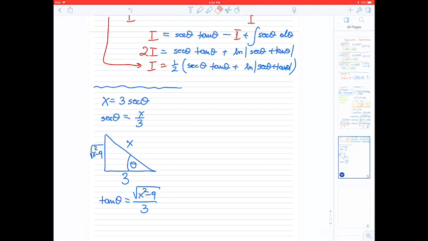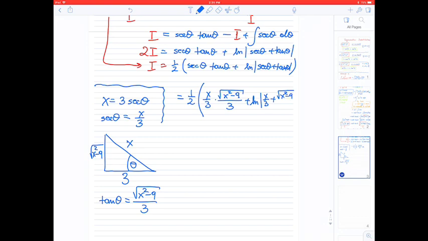Okay, that means let's just copy our answer, which will be 1/2, and then secant times tangent. Secant is x over 3 times tangent, square root of x squared minus 9 over 3, plus natural log, and secant is x over 3 and tangent is square root of x squared minus 9 over 3, absolute value, and close the parentheses.